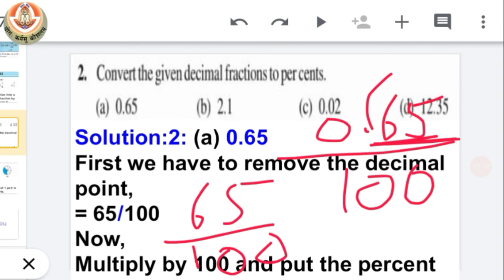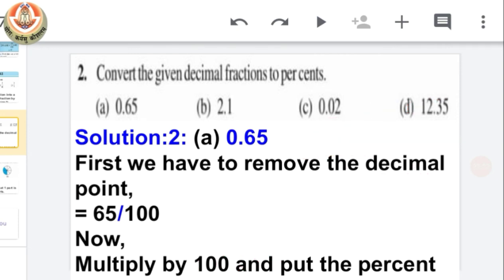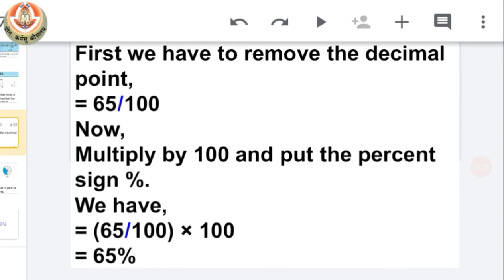Now you can easily convert it into percent by multiplying it by 100. So when we multiply 65 by 100, we get the answer 65%. Okay, and you do the same thing with the other parts also. We are doing this question in a quick way because we had already discussed all the types.